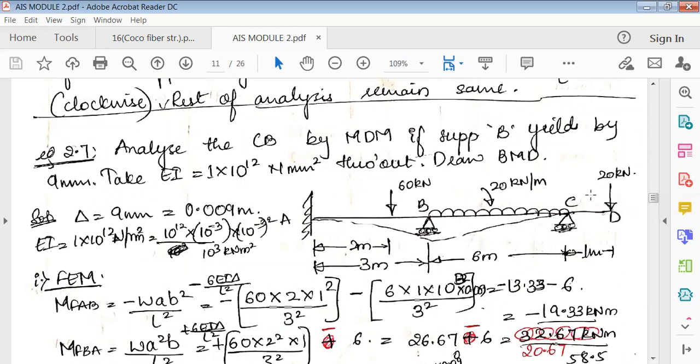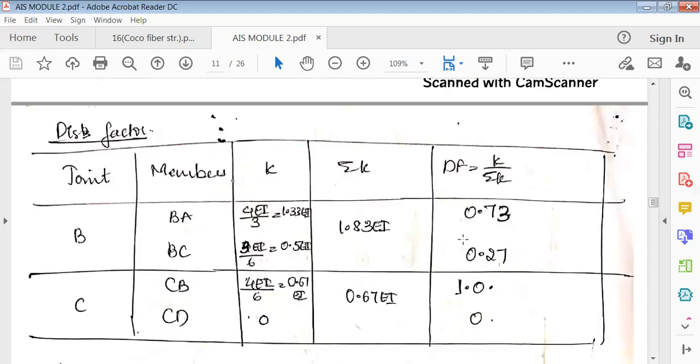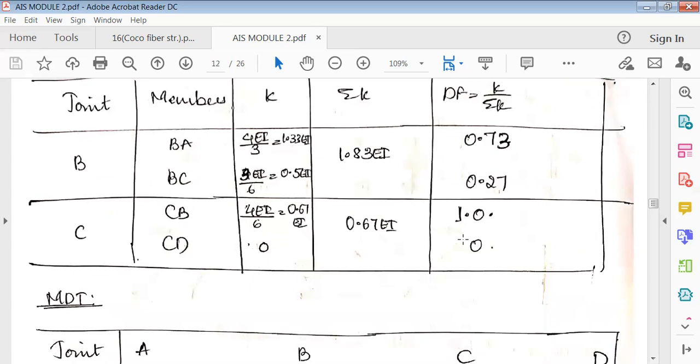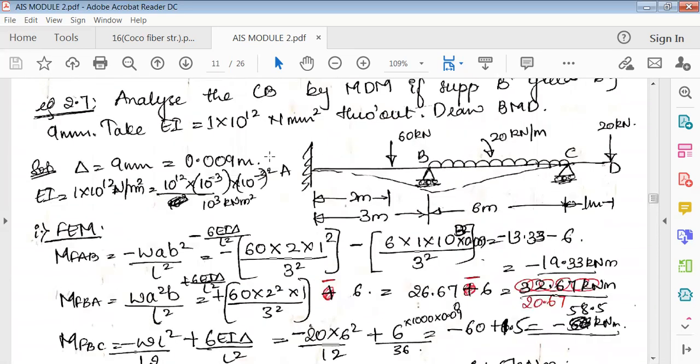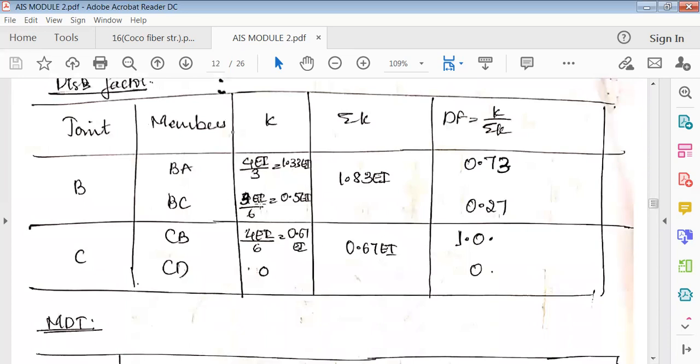Again, stiffness in joint C is 0 because D is a free end and CD is an overhang. So BA is 4EI by L because here it is fixed support, whereas in BC, C is a simple support, so it is 3EI by L.